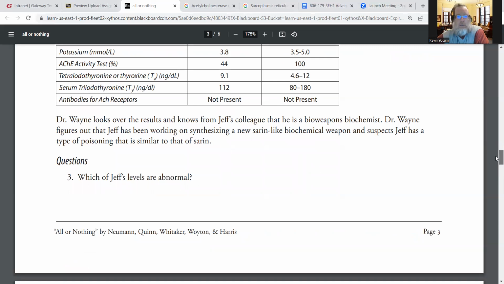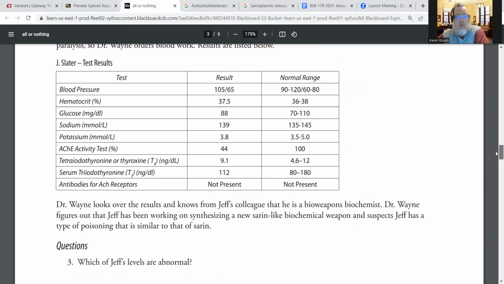Primarily, his blood pressure's low. But it's not horrible. 105, look at the normal range, 90 to 120 for that systolic. So he's low normal. All right. 65 for diastolic. Again, normal range 60 to 85.